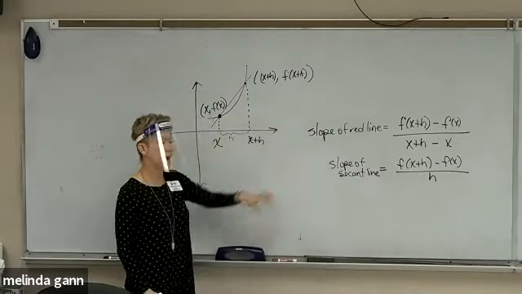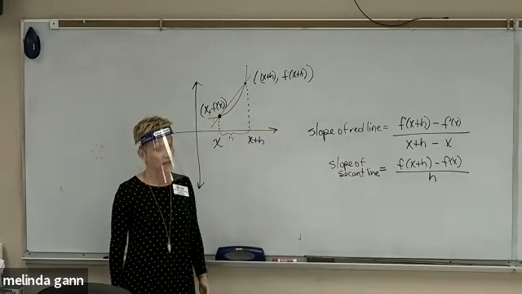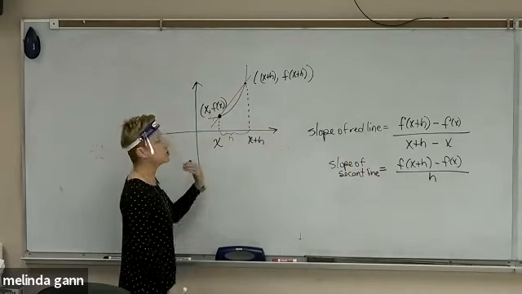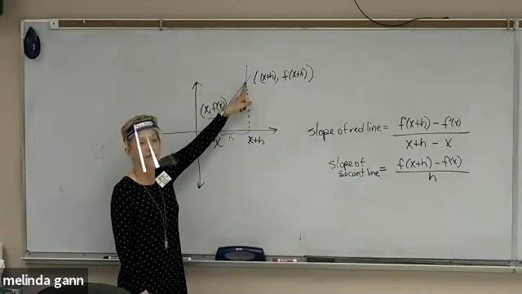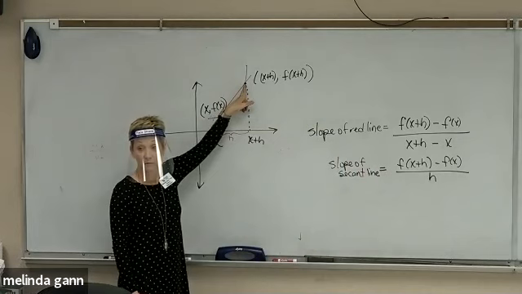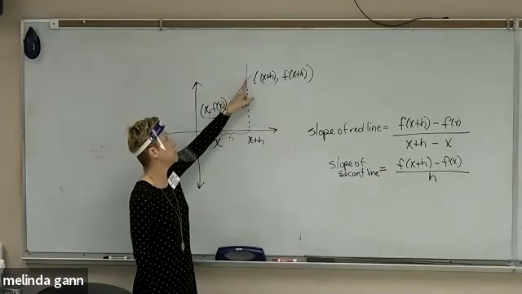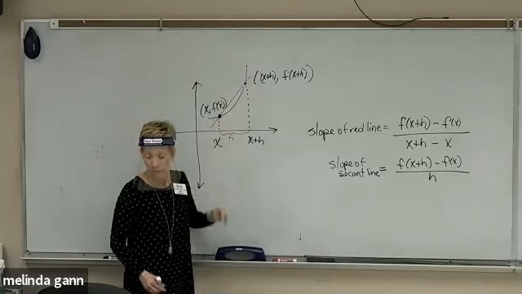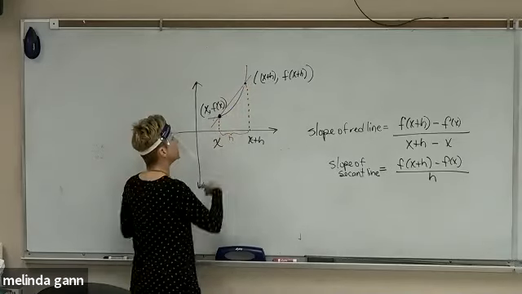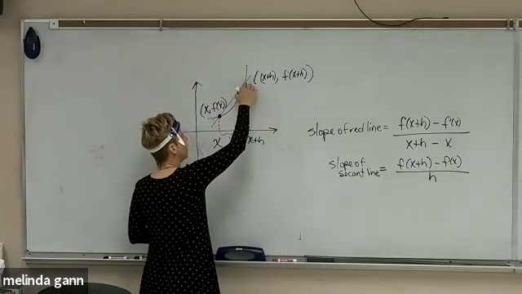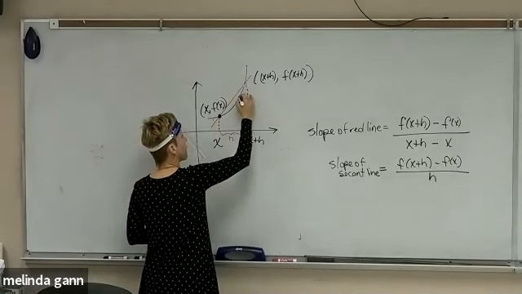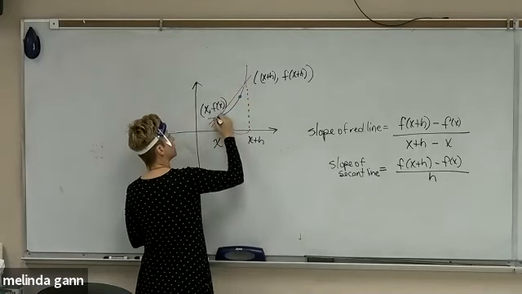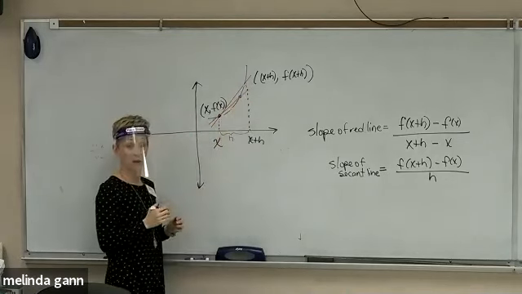All right, so is everybody tracking with me so far? Now, here's where I need you to use your imagination a little bit. I want you to imagine this second point is movable. So I can take that point and I can move it up the curve or I can move it down the curve. So if I start moving this point down the curve, if I move it down to there, I'm going to have a different red line or a different secant line, aren't I?